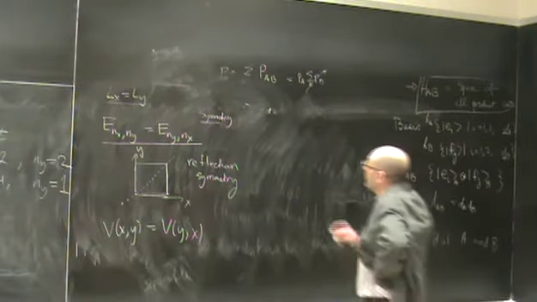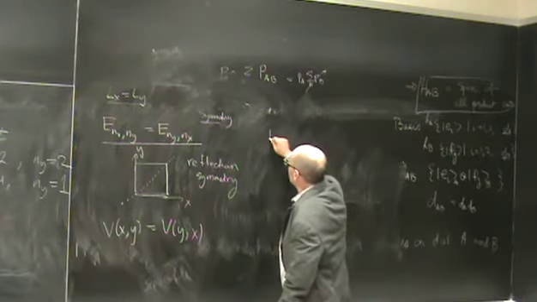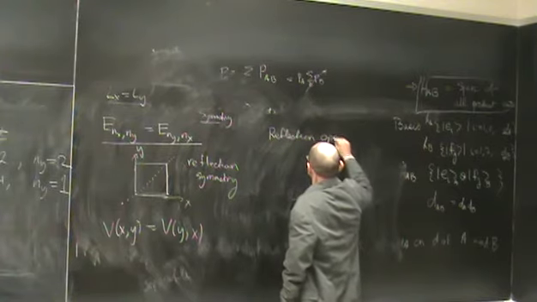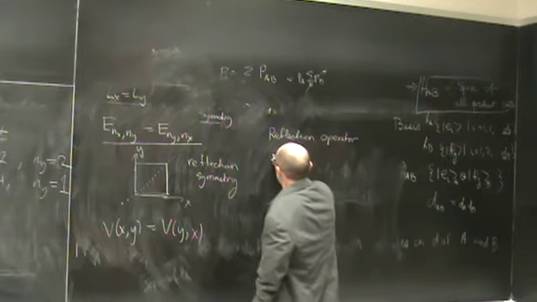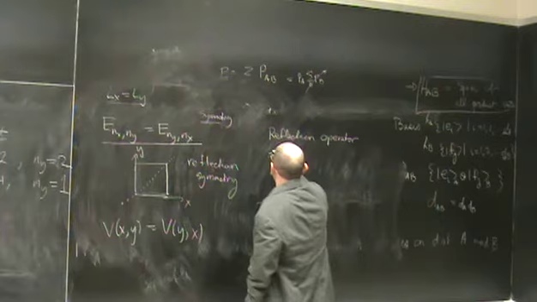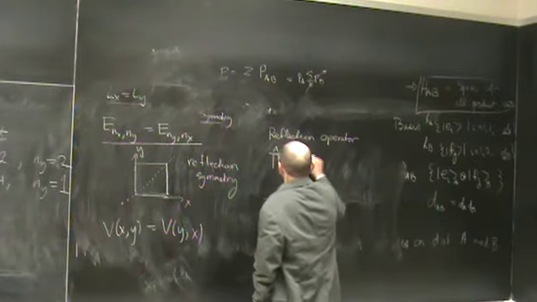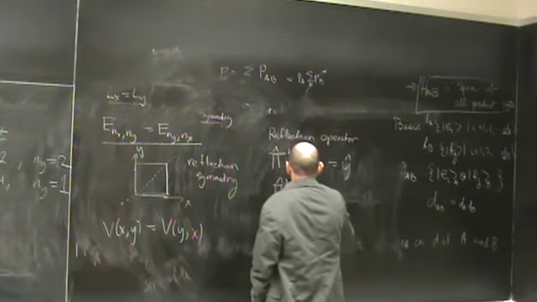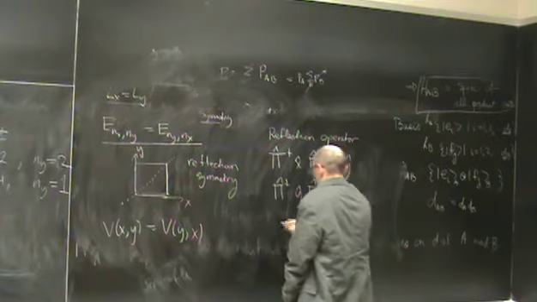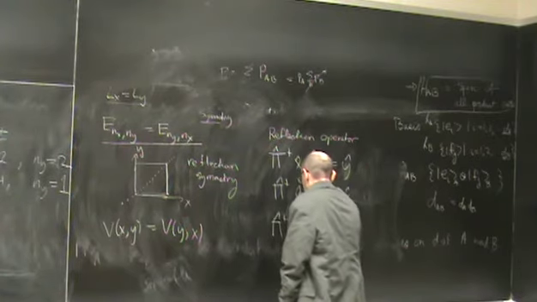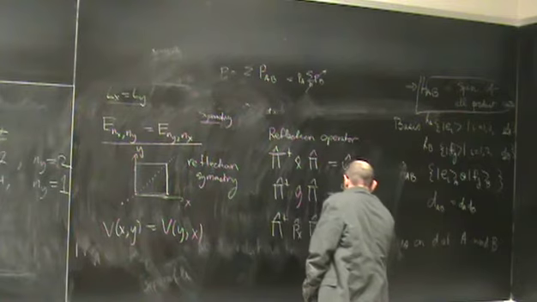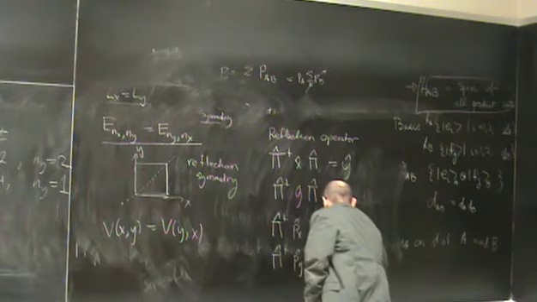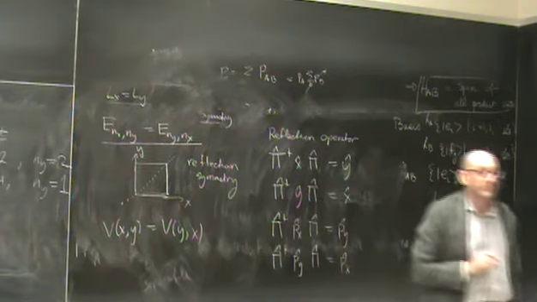So if I have a symmetry operator, let me just call it the reflection operator, and I'll call it pi, which sends x into y and y into x, and px into py, and py into px. Okay?